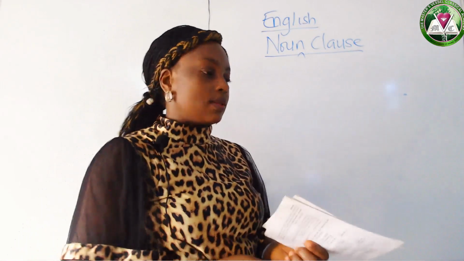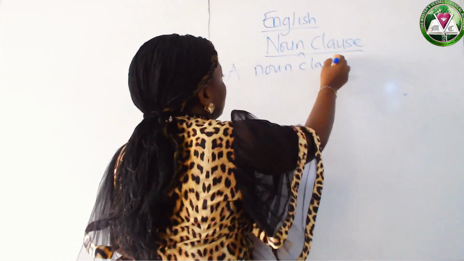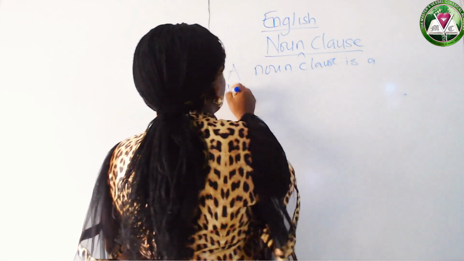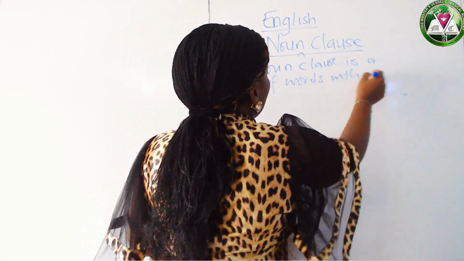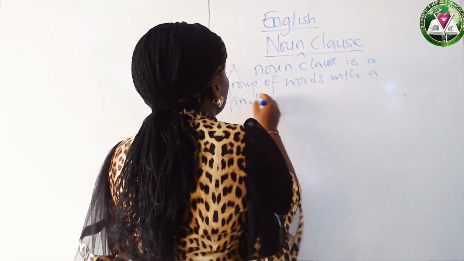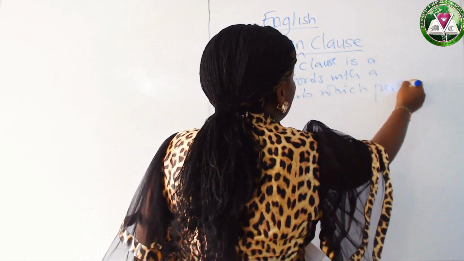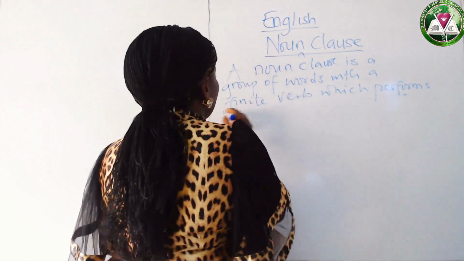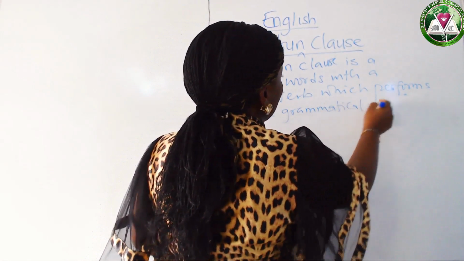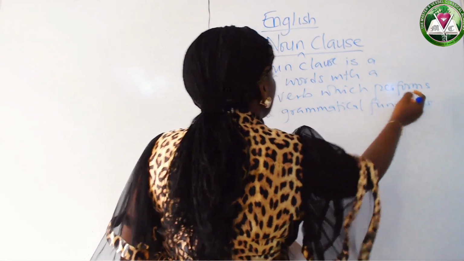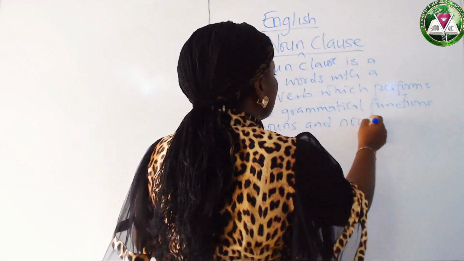What is a noun clause? A noun clause is a group of words with a finite verb which performs the same grammatical function as nouns and noun phrase.